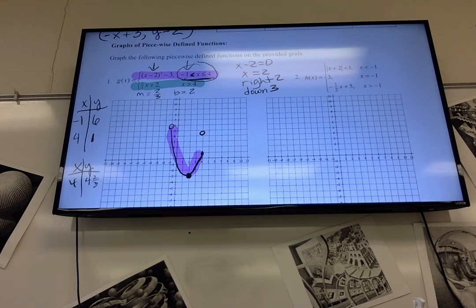And then from there, I can go up 2 to the right 3, because that's what my slope is. And this one, if I could draw a straight line, keeps going, because it's everything that's greater than 4. I've color-coded that so you know which one goes with which. The pink one is that top one, and the green one is the line.